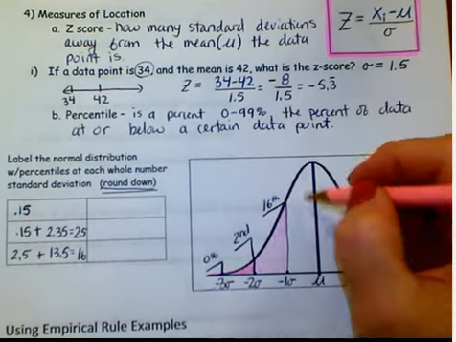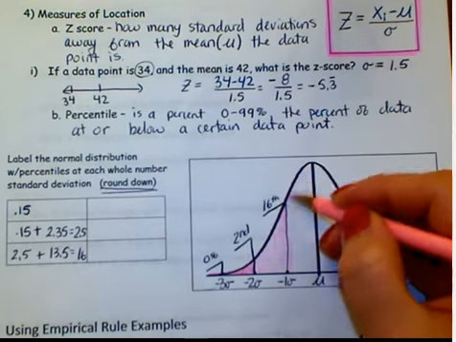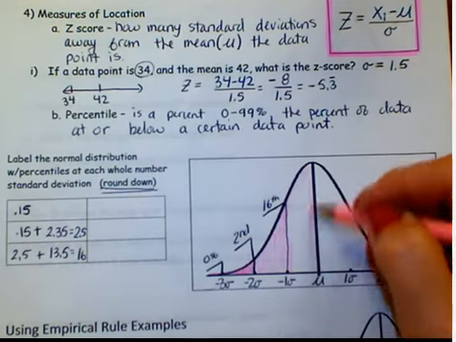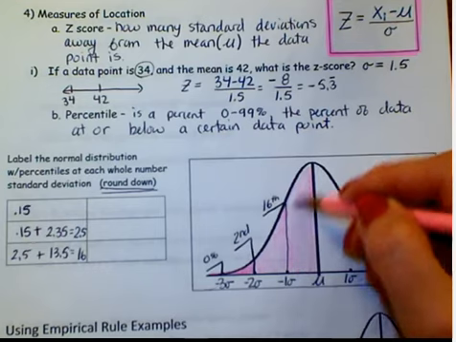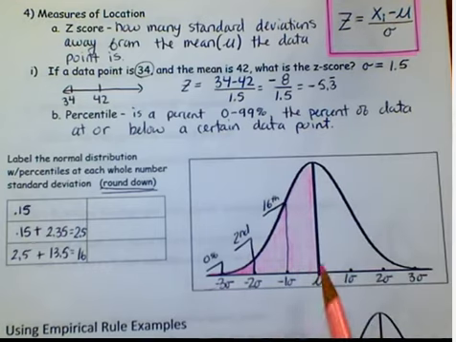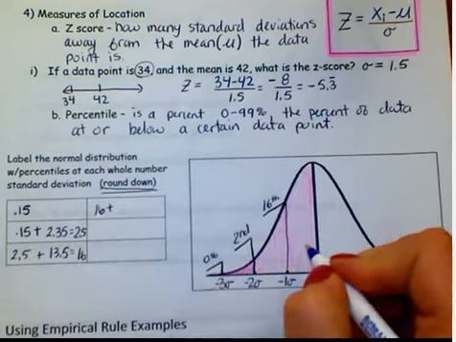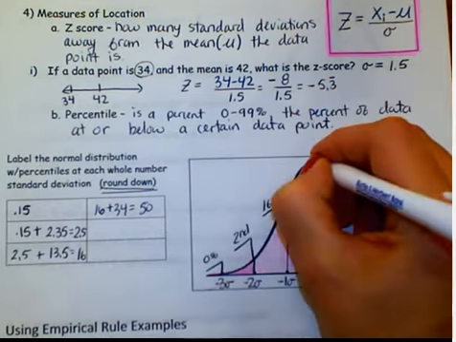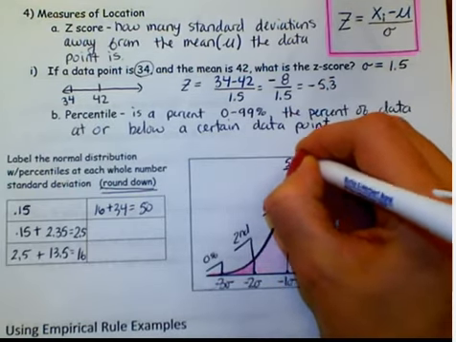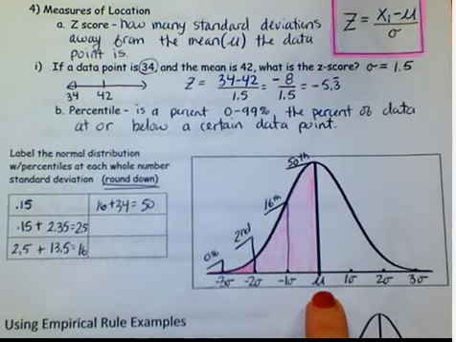Okay, next, all the way to the mean, the middle data point. Okay, so the percentile is the percent of data points that are at or below a certain value. So at the mean, I've got 16, and we get 34 more. That's the 50th percentile. So the mean, or the middle number, is the 50th percentile.